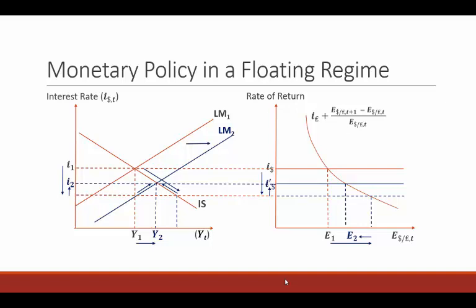Output now starts to increase, but this causes interest rates to rise again and aggregate demand to fall. The economy therefore arrives at the equilibrium level of output at Y2, interest rates are at I2, and the nominal exchange rate is at E2. The policy thus has the effect of successfully stimulating the economy by increasing output in the short run.